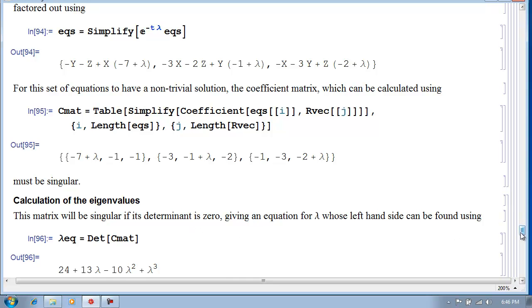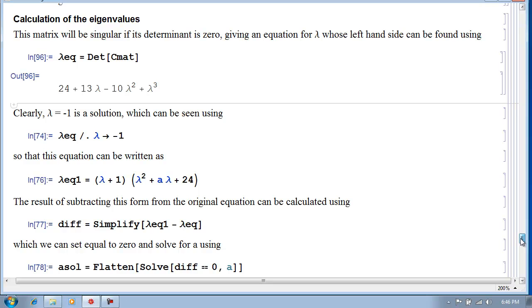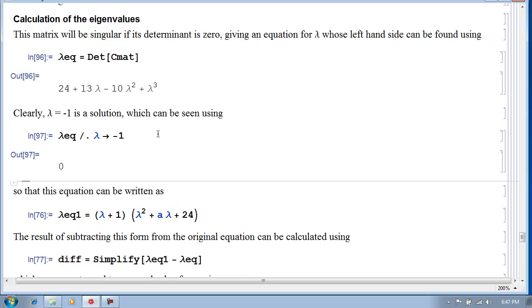And we can see that this is a cubic equation, and it clearly has a solution lambda equals -1. So we put lambda equals -1 in this, and we get 0, and we can see that's easily because we've got 24, -13, -10, and -1.